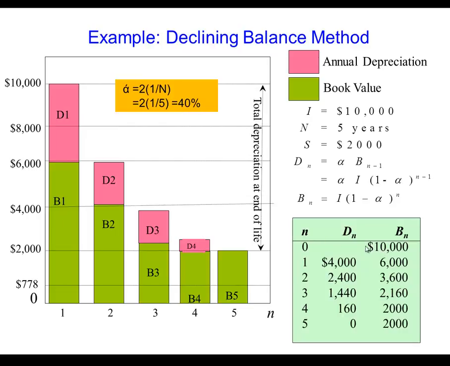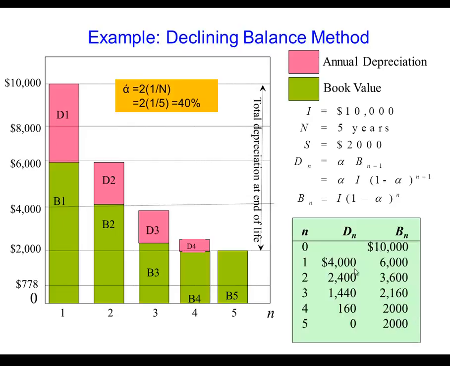If we multiply the book value 10,000 by alpha 40%, that's 4,000. 10,000 minus 4,000 depreciation will equal 6,000, and so on until we get to year 5.